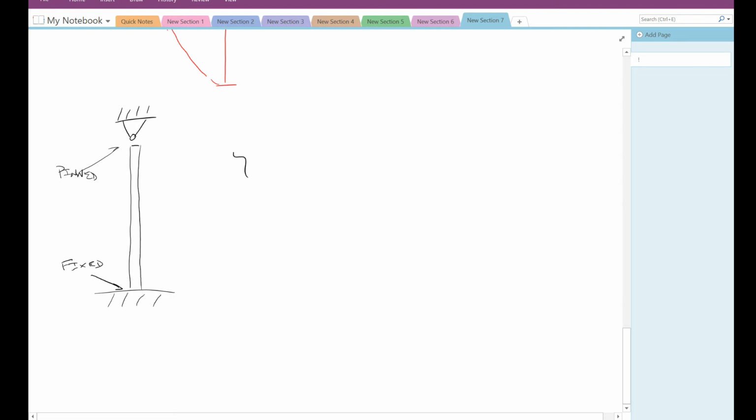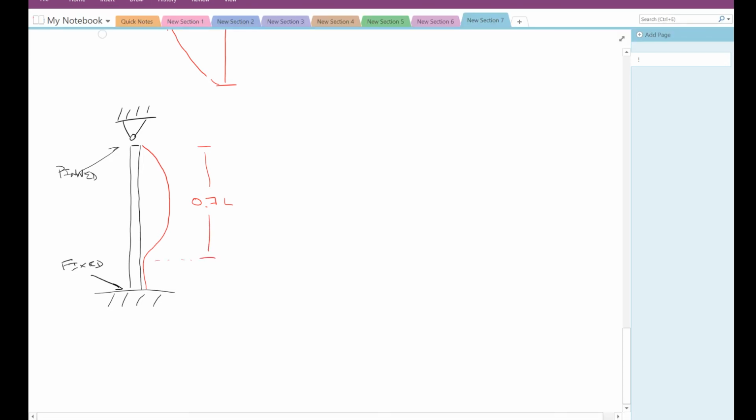We would have a buckled column that would look something like that, where we could say that the effective length is 0.7 of our original length, right?